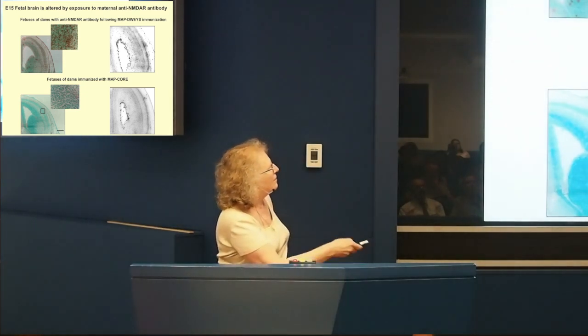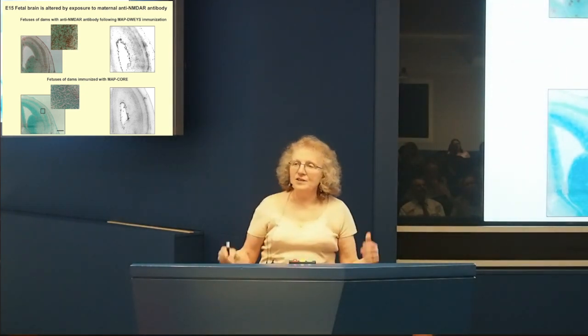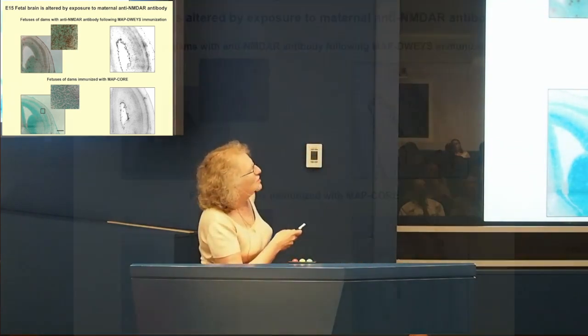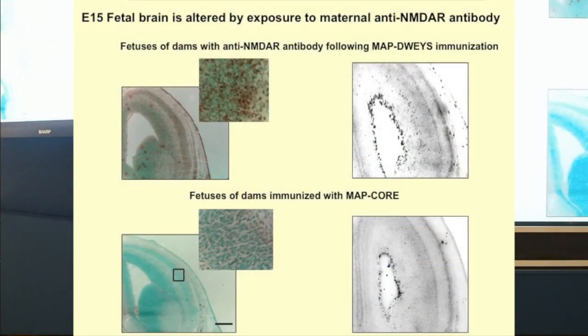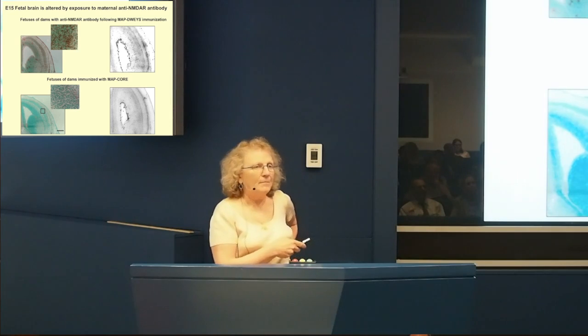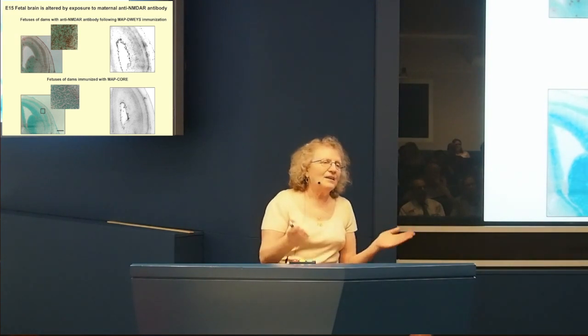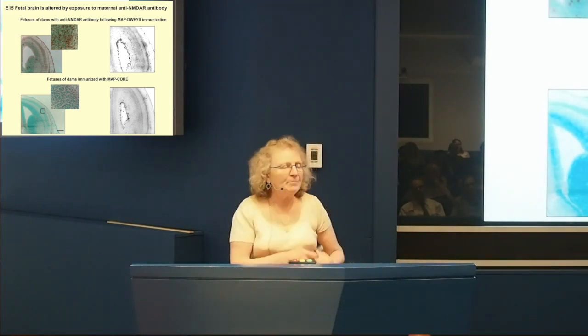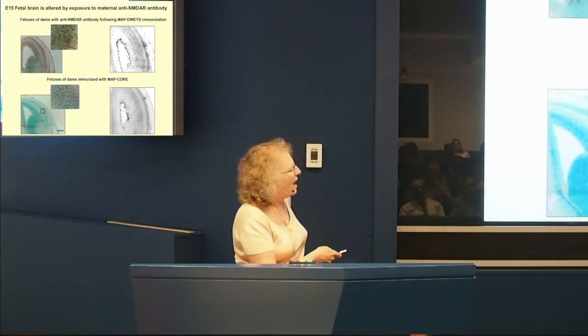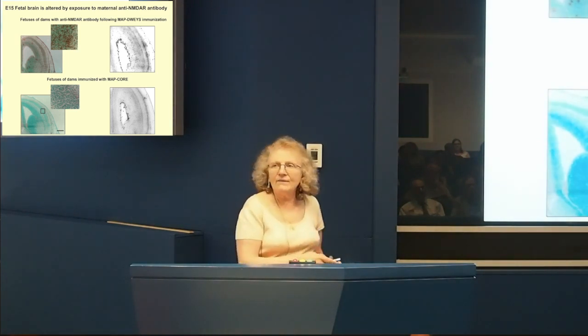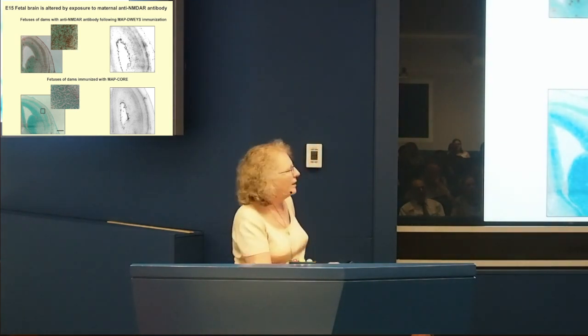And what you see here is that in a brain that's been exposed to, or has a mother with, high titers of these antibodies, you see an increase in TUNEL positive cells, and you see an increase in proliferating cells, and I think quite remarkably, you see ectopic mitosis of neurons. And in mice that are immunized, given adjuvant and immunized just with the backbone that this peptide sits on, there's not much TUNEL positivity, and all of the mitotic activity is appropriately in the germinal zone.